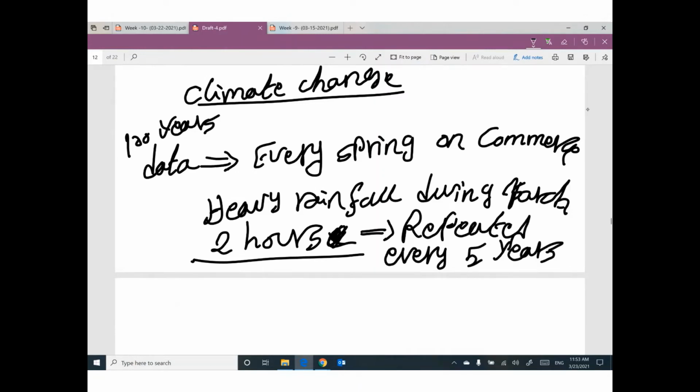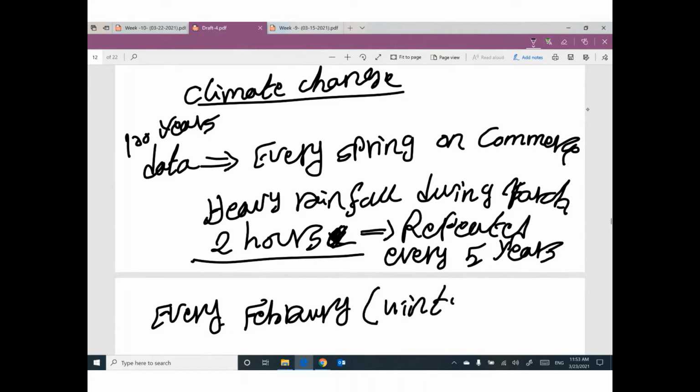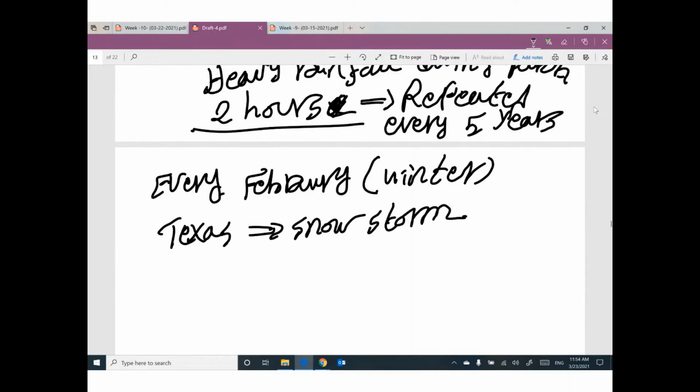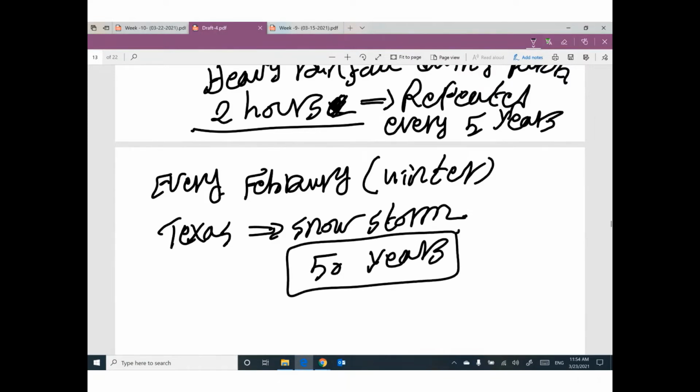Right now, we can say every February, for example, or every winter, Texas will be under the effect of a snow storm, and will be repeated every 50 years. Yeah, what happened last month in February, the people said this has not happened since 50 years ago.